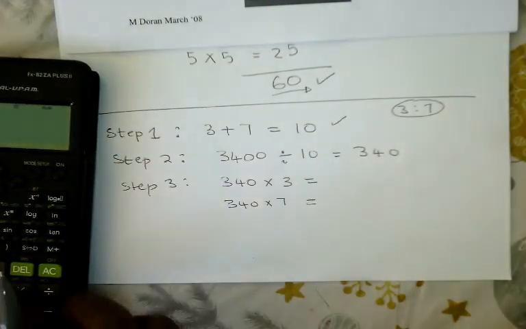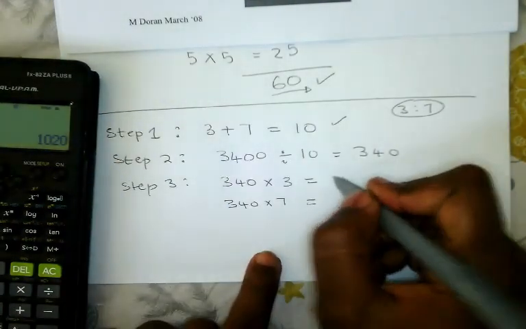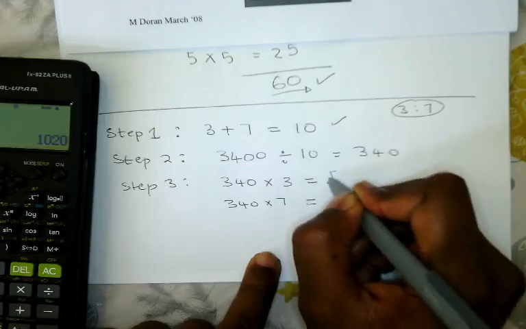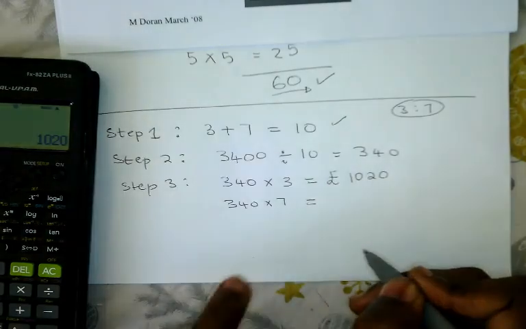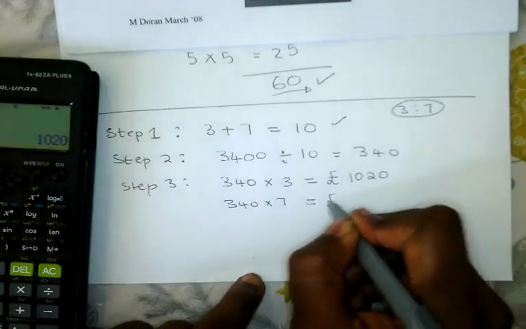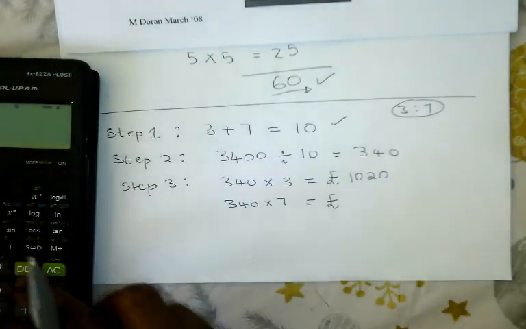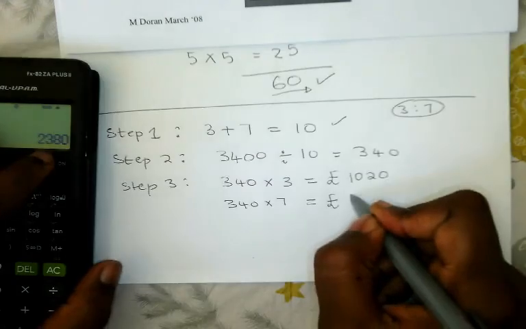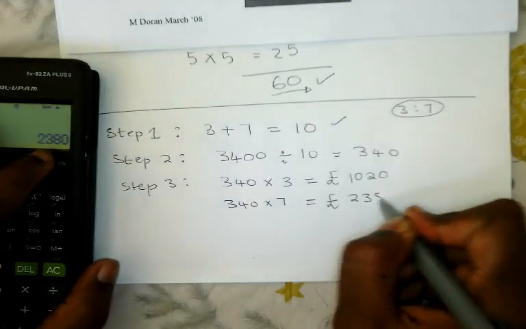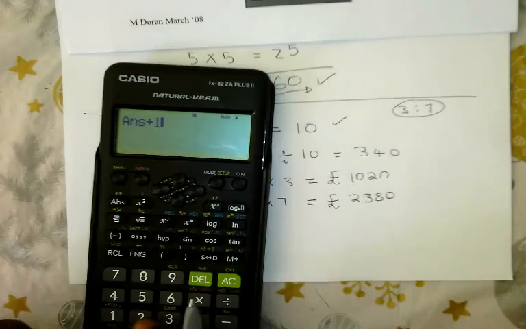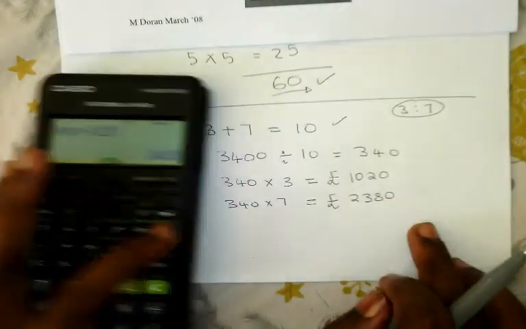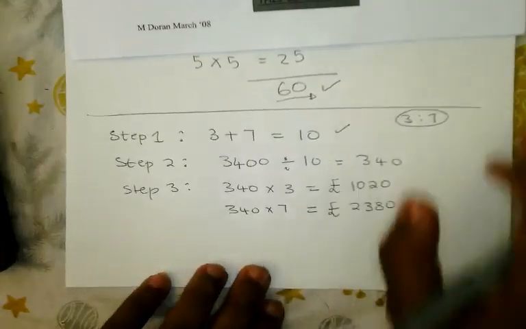So, yay. This one contributed that, 2,380 pounds. When you add this up together, it should give you 3,400, which is fine. Now, I want to show you something. John and Bob.